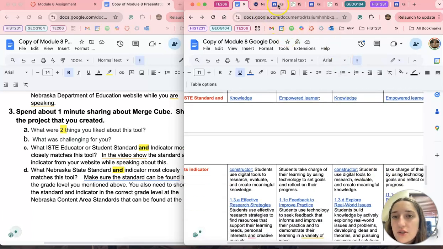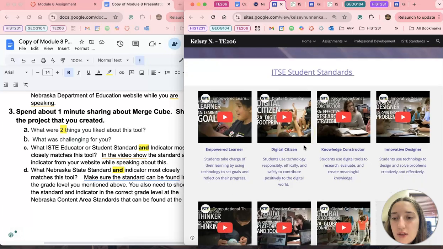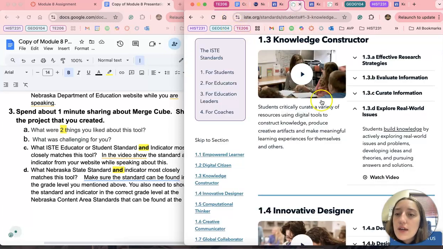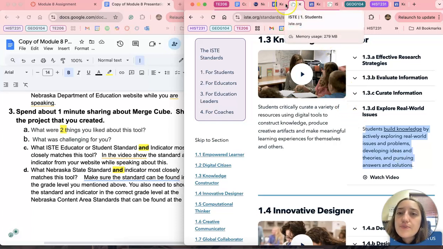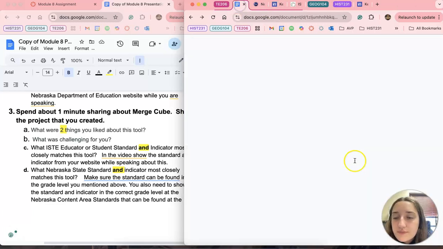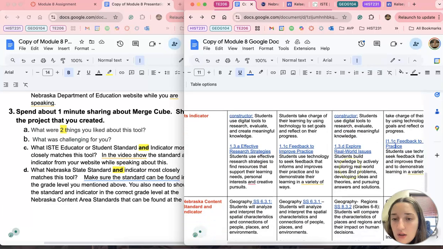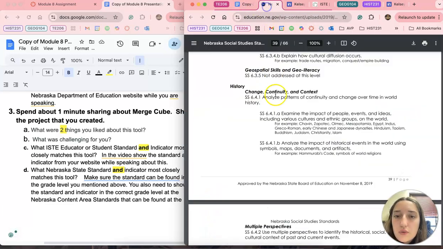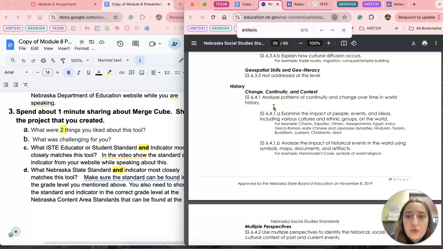This is knowledge constructor. As well, students use digital tools to research, evaluate, and create meaningful knowledge. Indicator. Students build knowledge by actively exploring real-world issues and problems, developing ideas and theories about pursuing answers and solutions. And then indicator for this one is 8.3.2.